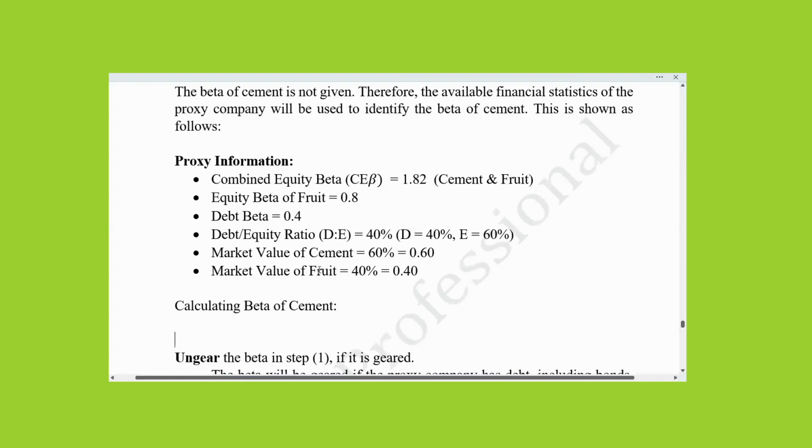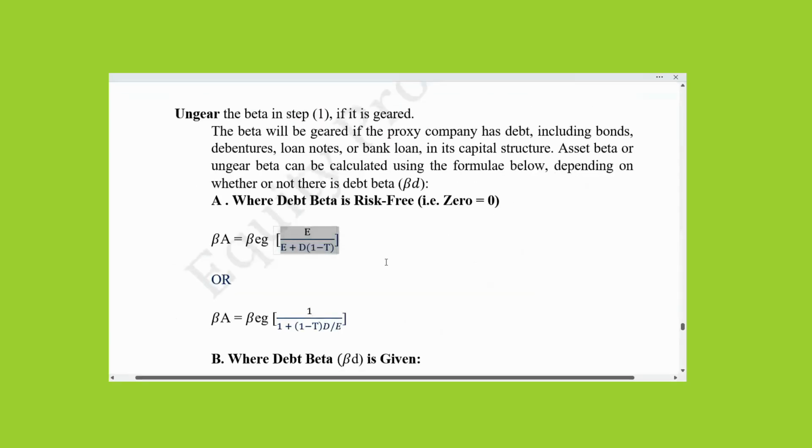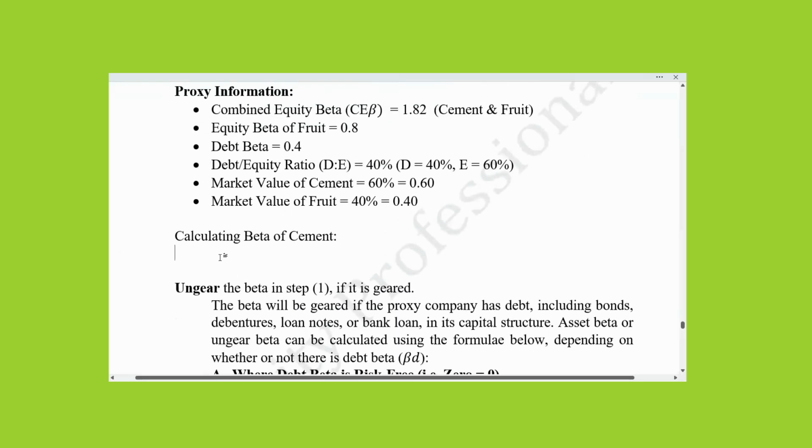Now, you will recall when we had WACC, step 4 is to calculate weighted average asset beta. The formula that you use to calculate weighted average asset beta of the combined is that same formula you are going to use to identify the beta of cement. Let me copy this and put it down for you.